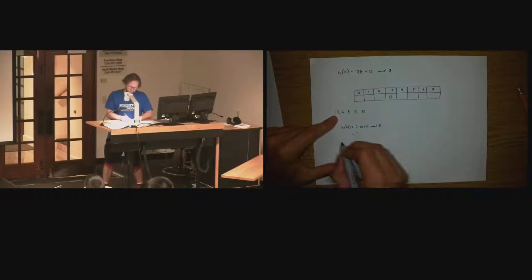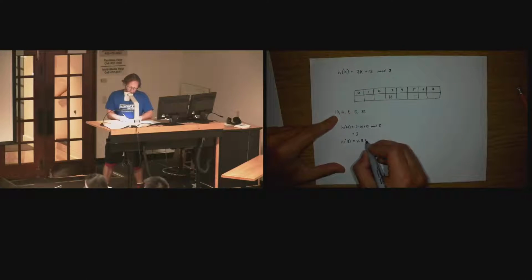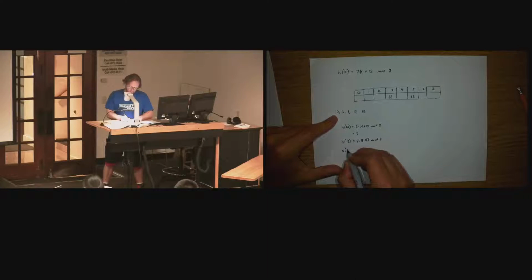Okay? Hash of 16 is equal to 7 times 16 plus 13 mod 8. 112, 125 mod 8 is 5. 8 sub 4, thankfully, that's easy. 4 times 7, 28, 41, so that'll hash to 1.